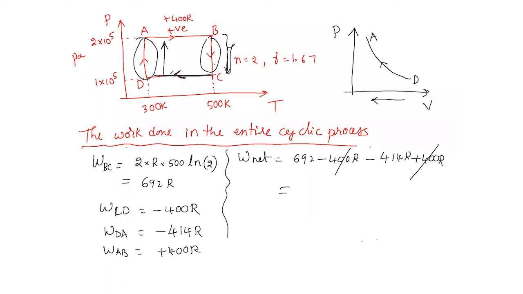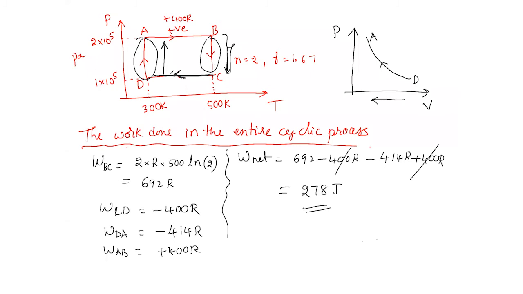I'll do it myself. One minute. 692 minus 414. It is 278. 278 is correct. This is the net amount of work done by the gas.